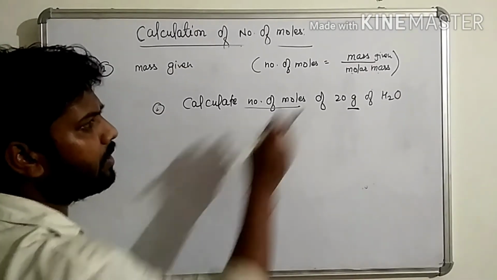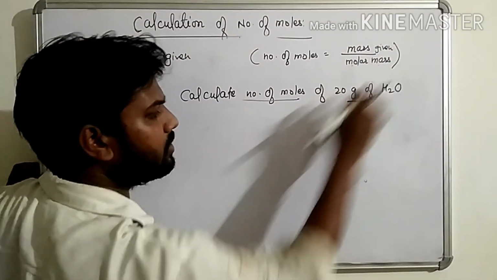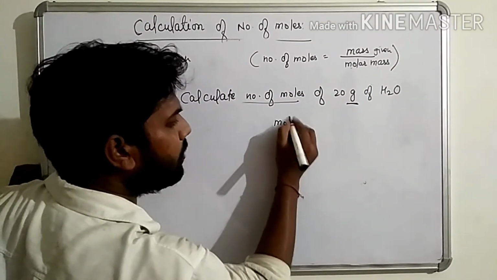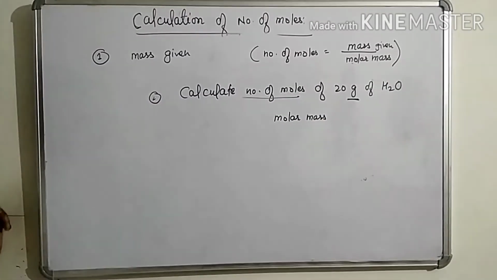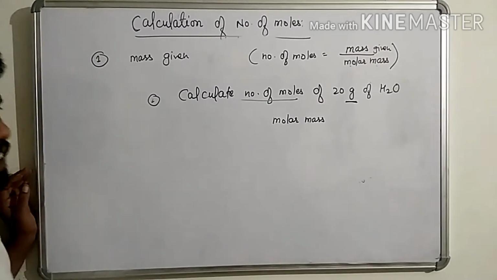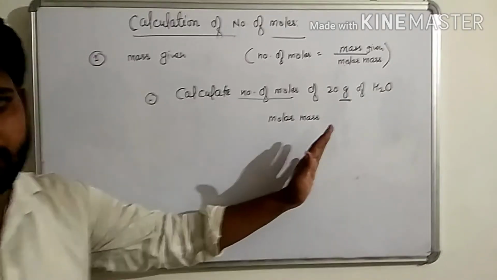So children, the formula is mass given divided by molar mass. First we have to calculate molar mass. Students, I had told you that molar mass is the same as molecular mass.